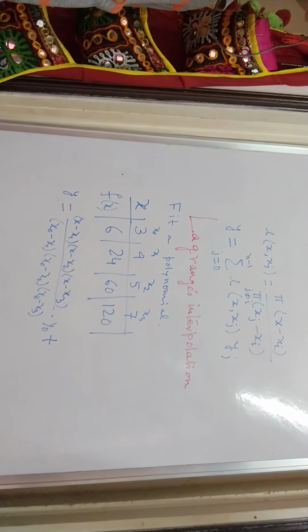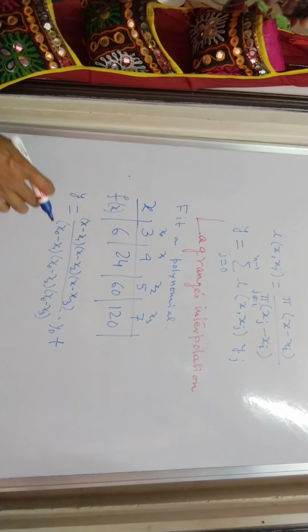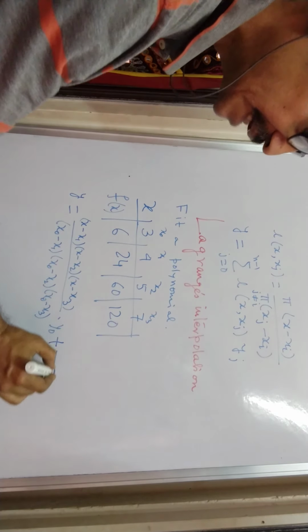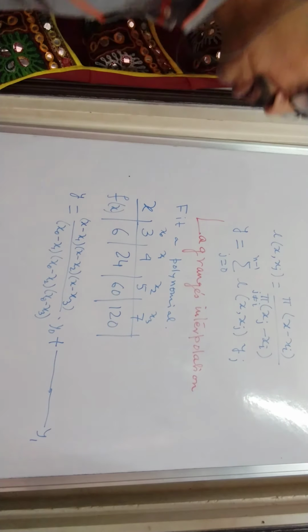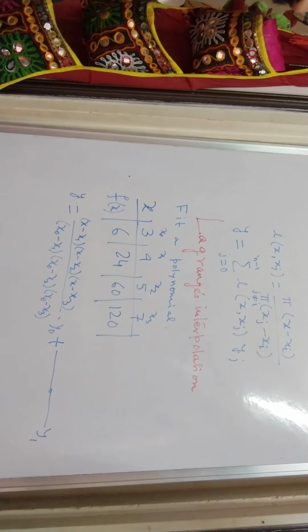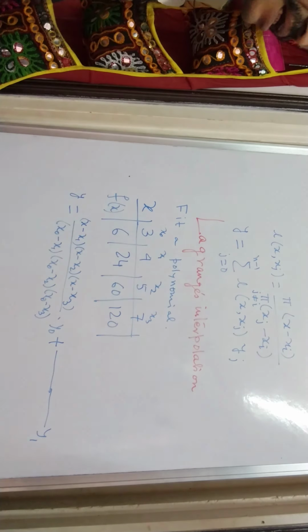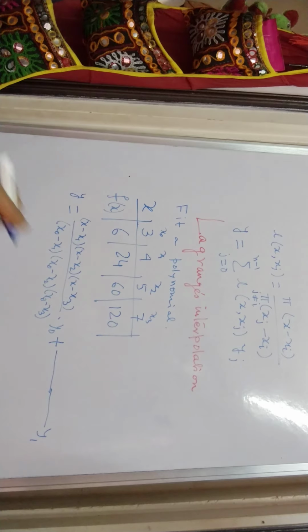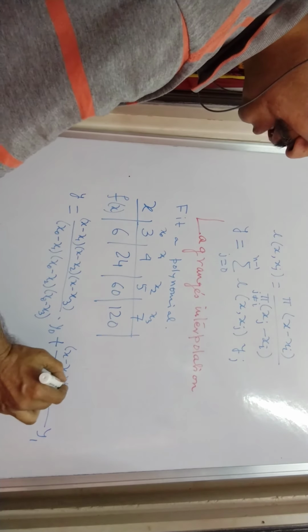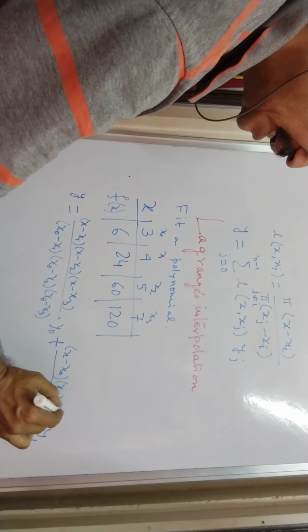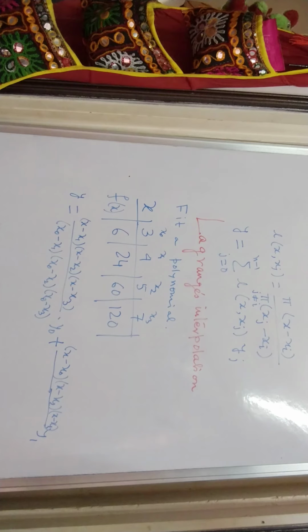In this formalism, we can easily write the next term. y1 will be multiplied with L(x, x1). So we have x minus x0, x minus x2 and x minus x3 only in the numerator. x1 is absent there.